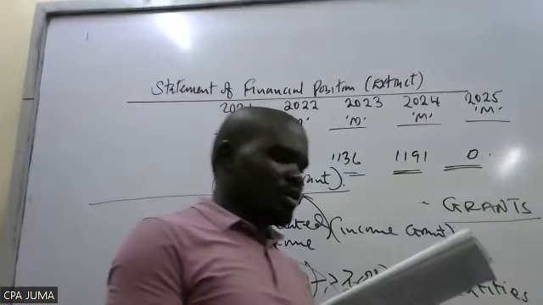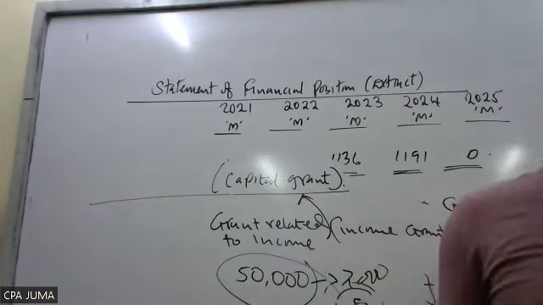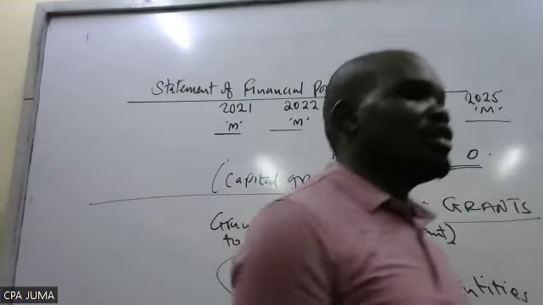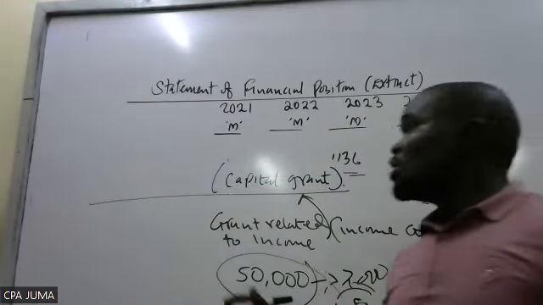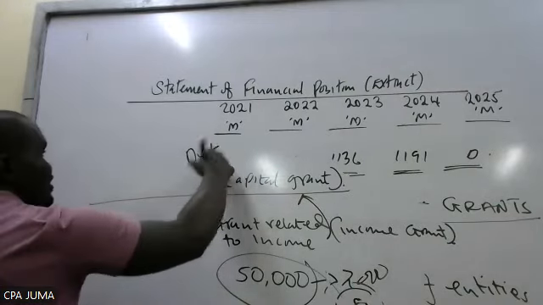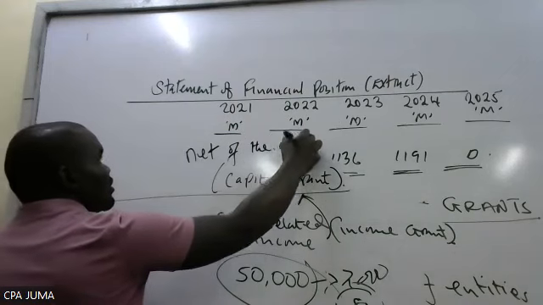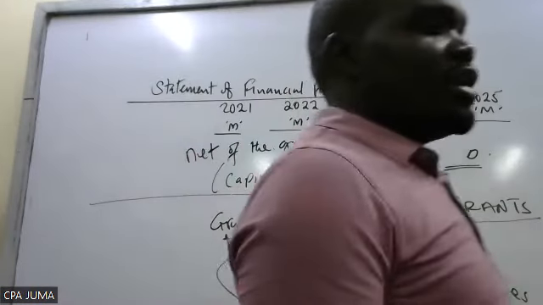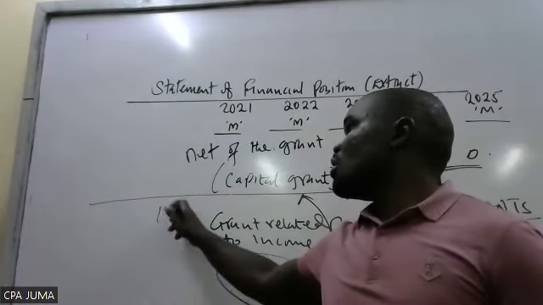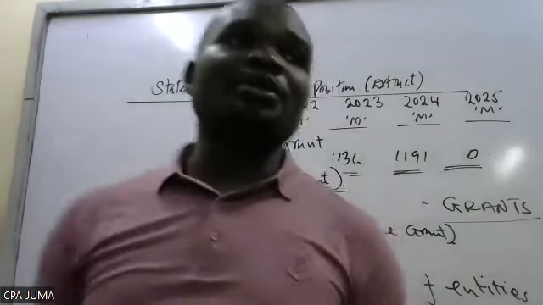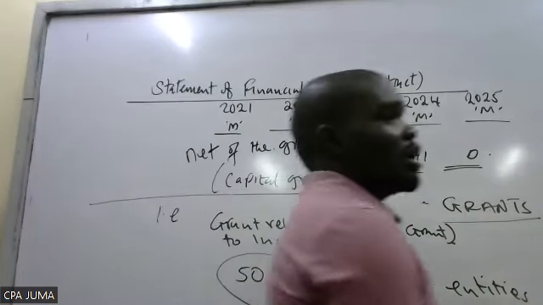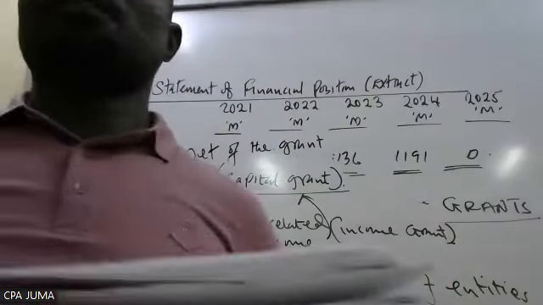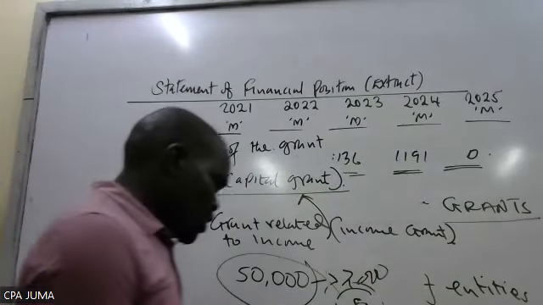The depreciable amount of the asset should be net of the grant, that is, the grant should not be subjected to depreciation.